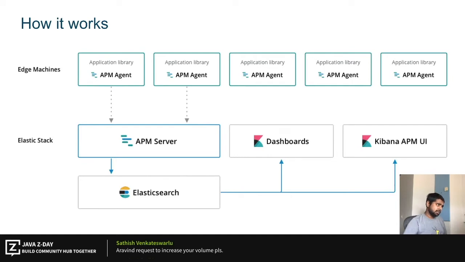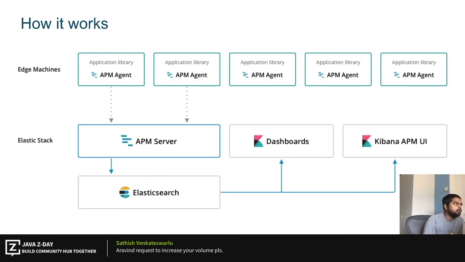How it basically works: you have an application library, say a Java app, which has some APIs and is being deployed. Then you package your application with the APM agent, and the agent helps you ship data from that application.